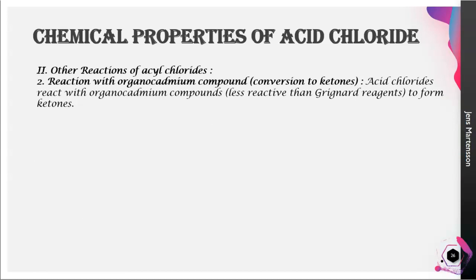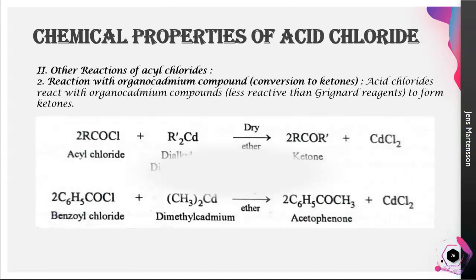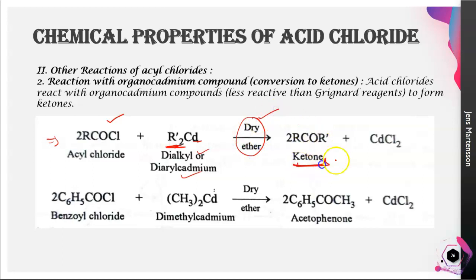Another reaction of acid chloride is the reaction with organocadmium compound, which leads to the conversion of acid chlorides to ketones. You can see the general reaction: acyl chloride reacting with dialkyl cadmium, or it could be diaryl cadmium, in the presence of dry ether, leading to the formation of ketone and cadmium dichloride.